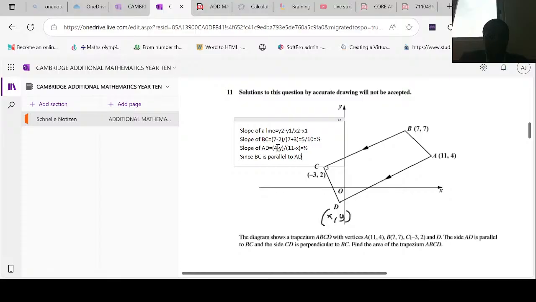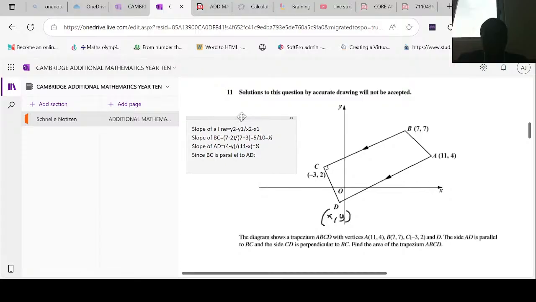To AD, right? So we can now rearrange the equation so that we can form an equation. When we form the equation, we know the equation of that line that is actually passing through that point, and that might help us.